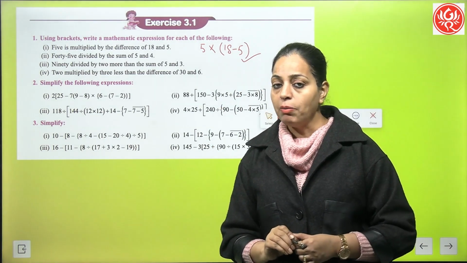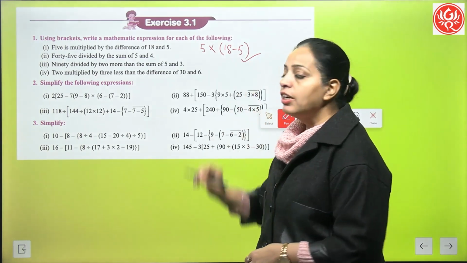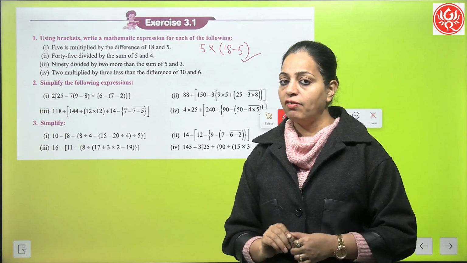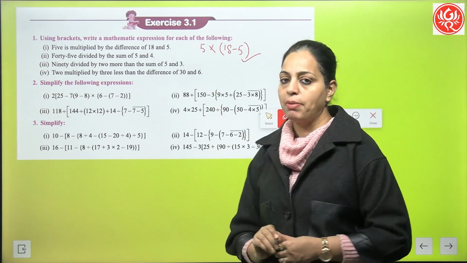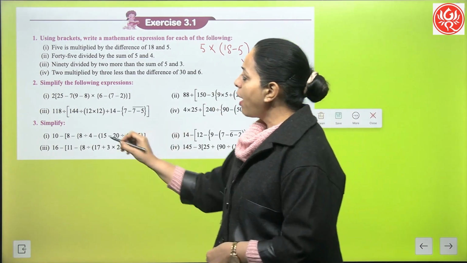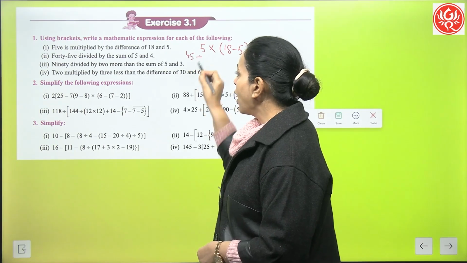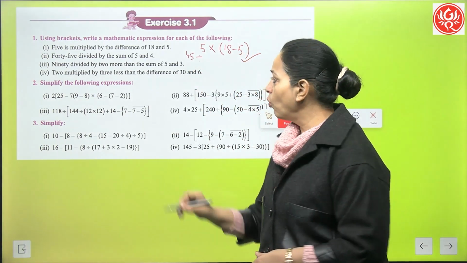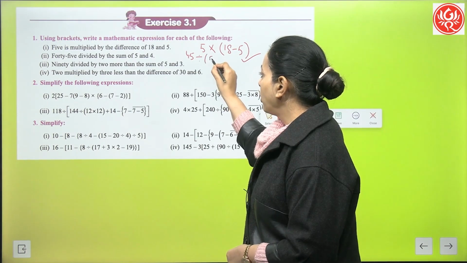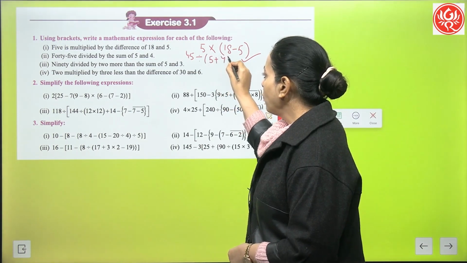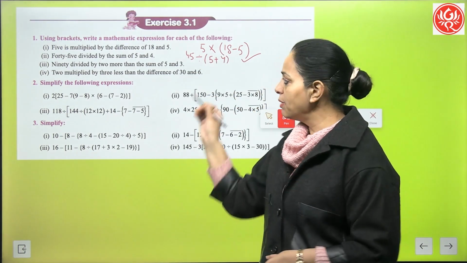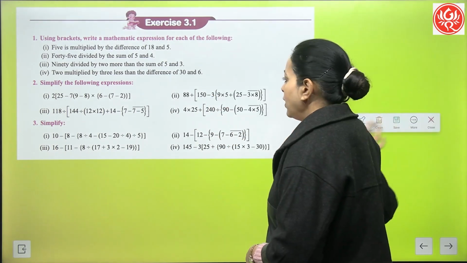Bracket. Okay, because we have to solve first difference of 18 and 5, then multiply. Similarly, second part, 45 divided by the sum of 5 and 4. So 45 divided by bracket 5 plus 4. Similarly, you can try remaining parts.